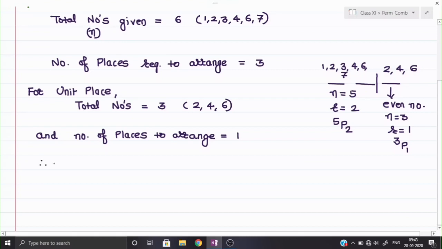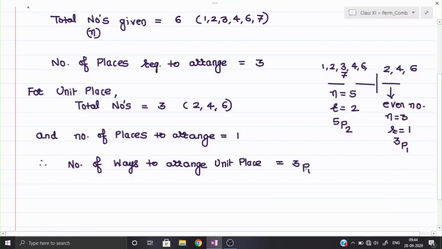Therefore, the number of ways to arrange the unit place will be equal to 3p1.